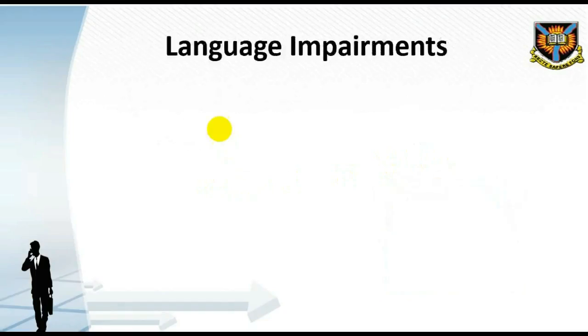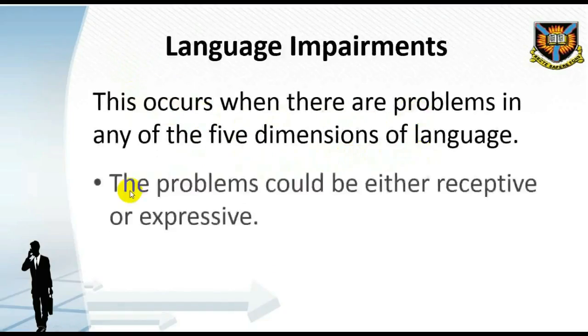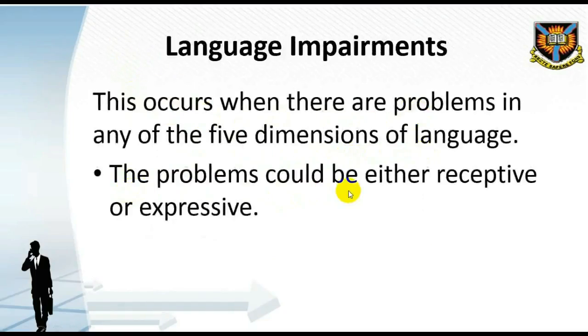Language impairment. This occurs when there are problems in any of the 5 dimensions of language. The problems could be either receptive or expressive.